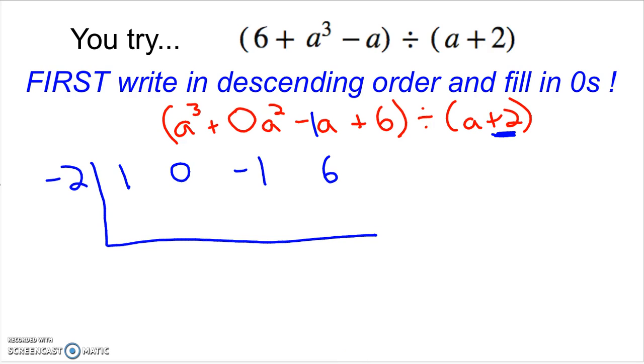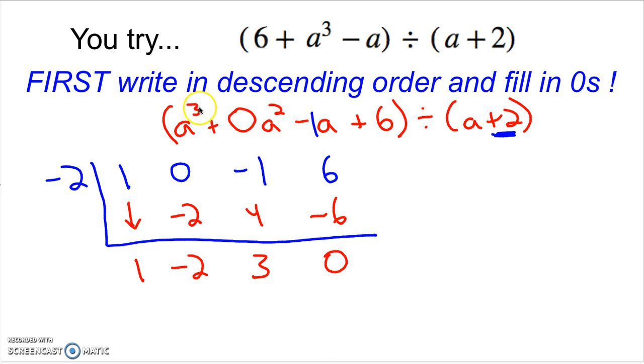All right. Begin by bringing down the first one, multiply it, add, multiply, add, multiply, add. Remember, this last position is the remainder, so in this case, there is no remainder.